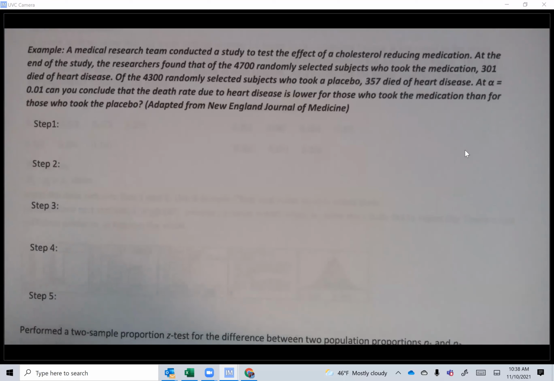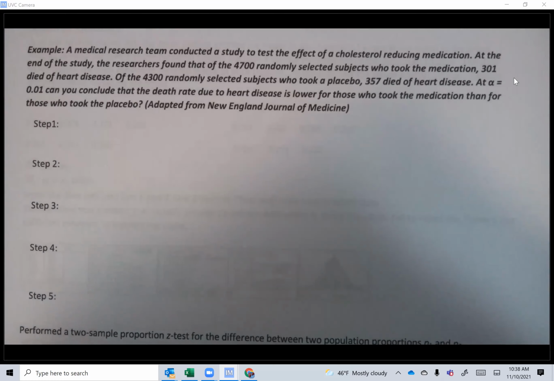Okay, let's do this exercise. That's section 8.4 again. A medical research team conducted a study to test the effect of a cholesterol-reducing medication.